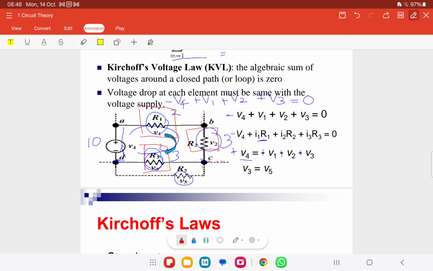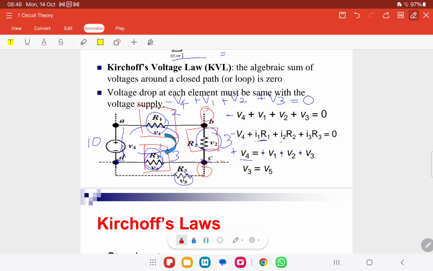If it is stand alone, satu loop je, so dia akan jadi series lah. Since kat sini dia ada lagi path lain kan, so dia tak sama value. So I1, I2 and I3 is not the same value.